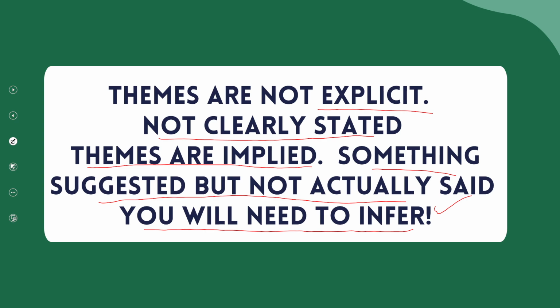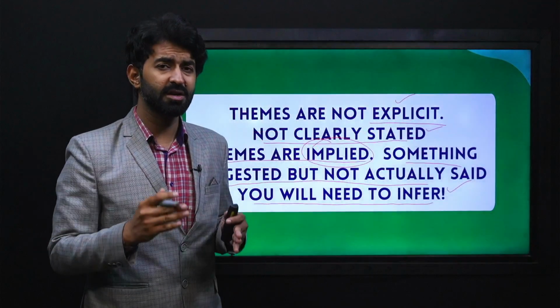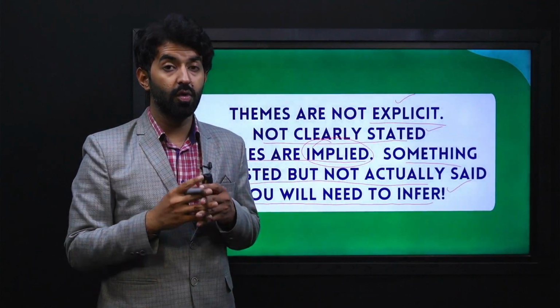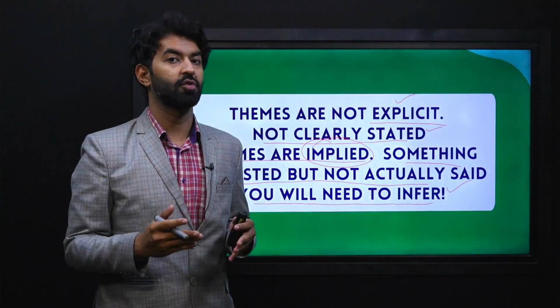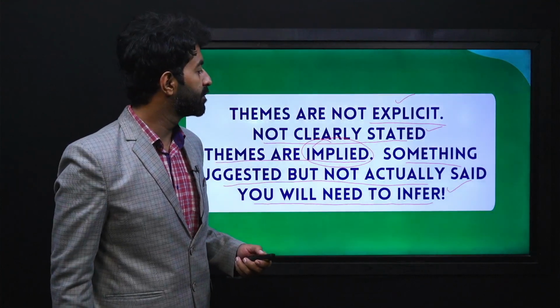Since main themes, the main ideas, are not explicit, they are implicit, and they are not clearly stated. Themes are implied. They have implicit meaning, but are not actually said. It is not directly hinted, but if you read it carefully, you can get to the theme of the work or the poem.